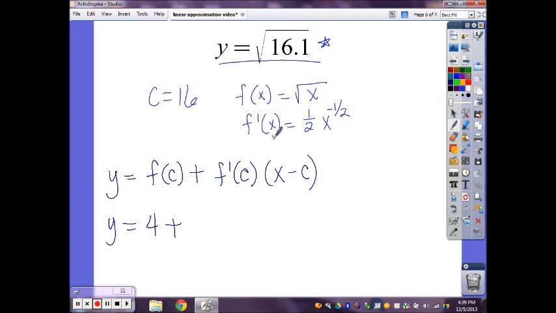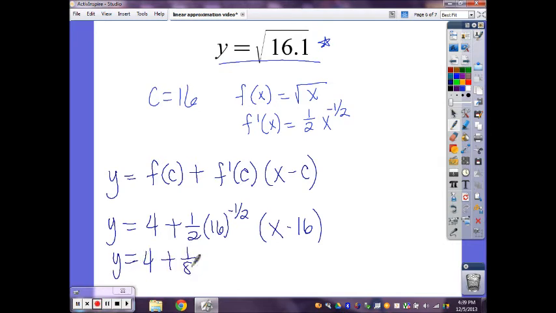So f prime of c would be 1/2 times 16 to the negative 1/2, and then times x minus c, which is 16. And so the square root of 16 is 4, and it's negative, so it's going to go on the bottom. So this would simplify to plus 1/8.